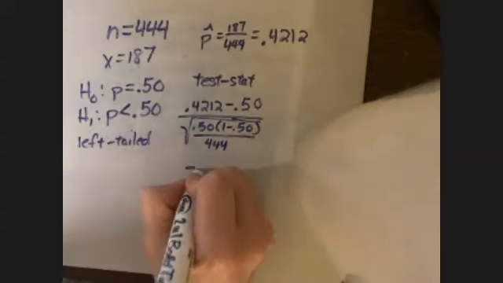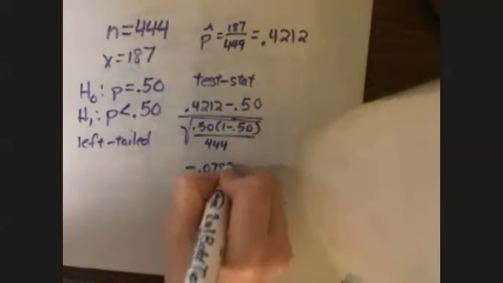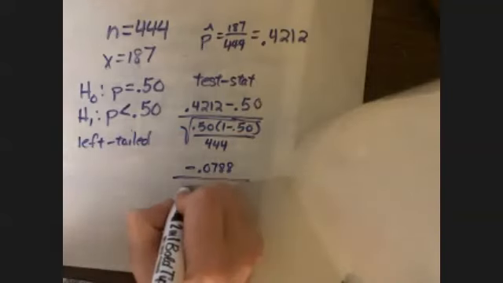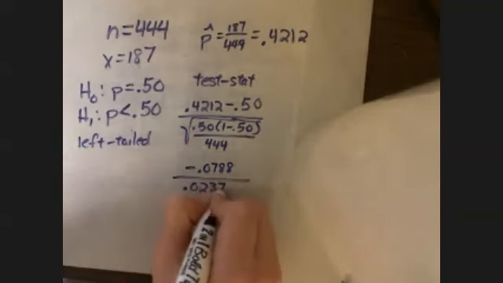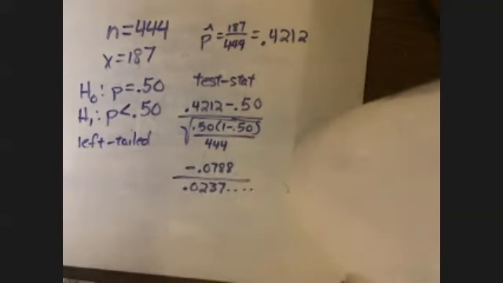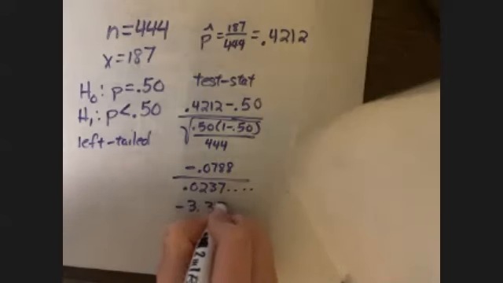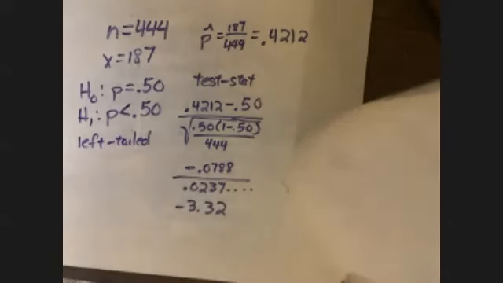We got negative 0.0788 over 0.0237. Okay, we get negative 3.32. So there's our test statistic.